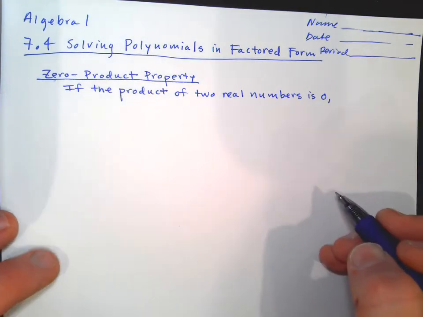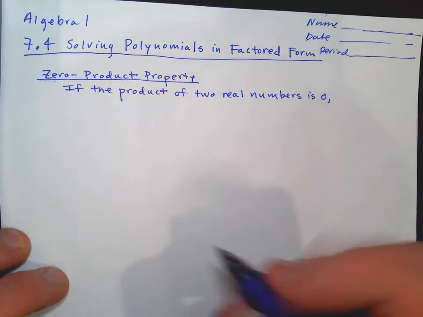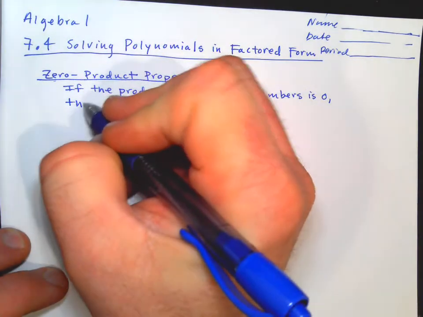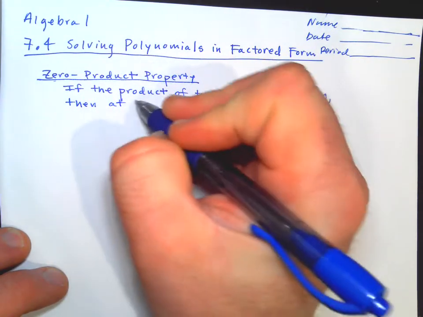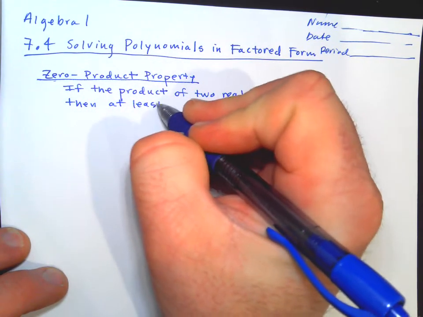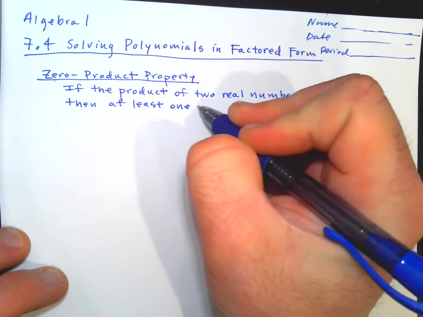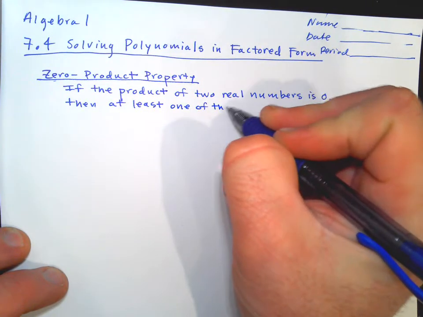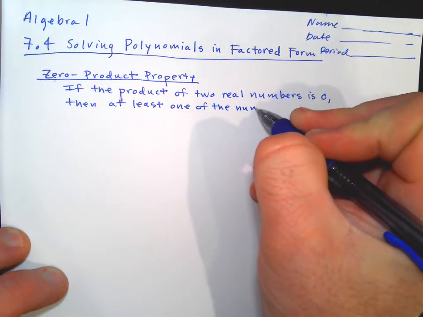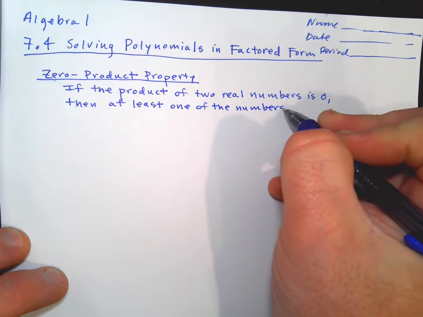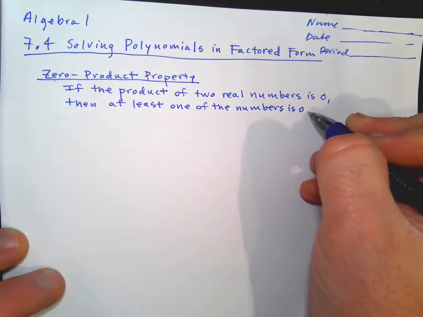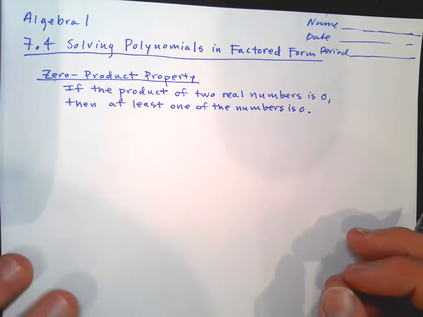So if two numbers multiply together and the answer is zero, then at least one of the numbers is zero. And I feel like this totally makes sense, hopefully, to you guys.